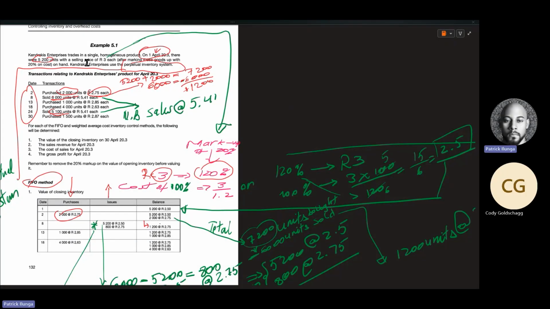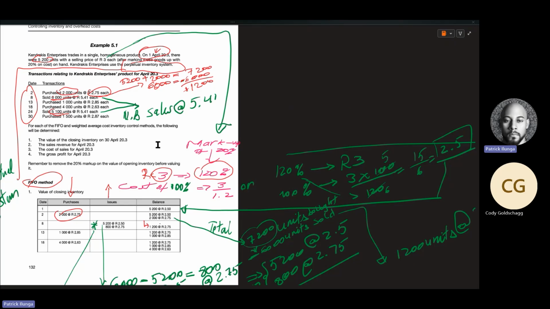That's how you start from the get-go, from the beginning of your example or your question in your exam. You figure out, first of all, what's going on with the first few lines. After you've worked this out, you say, okay, I know this 2.5 means something now.